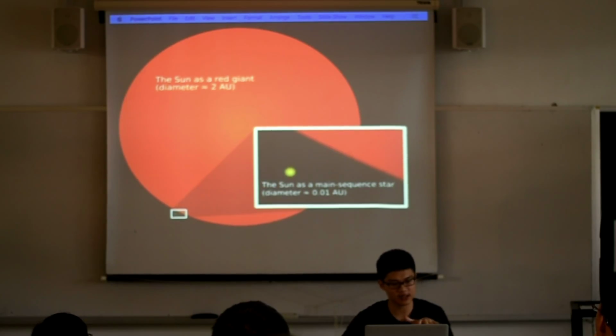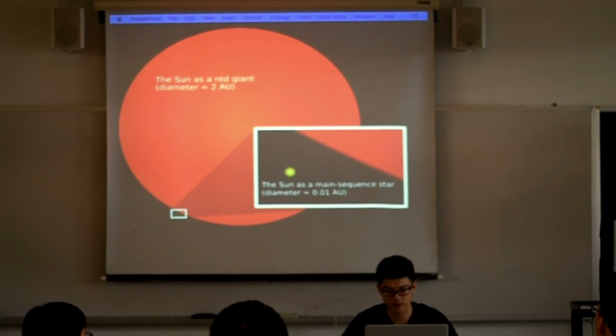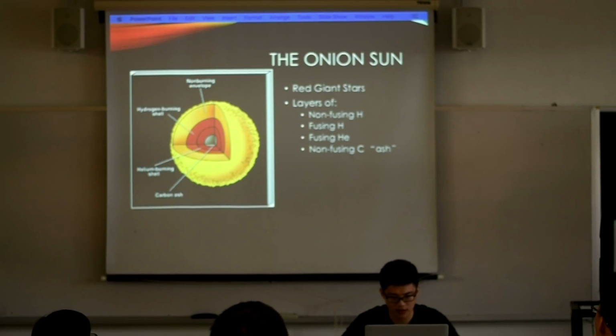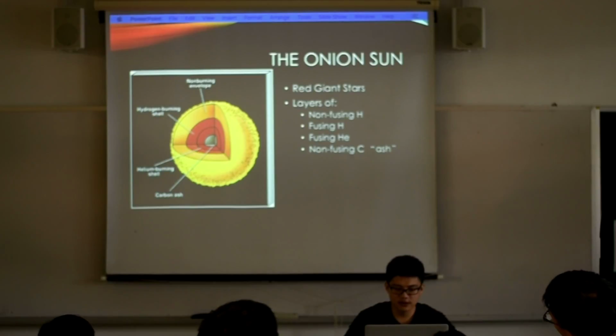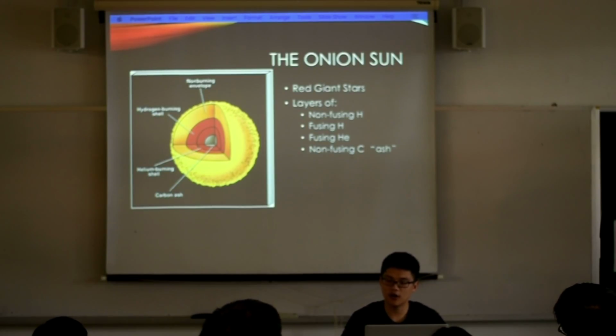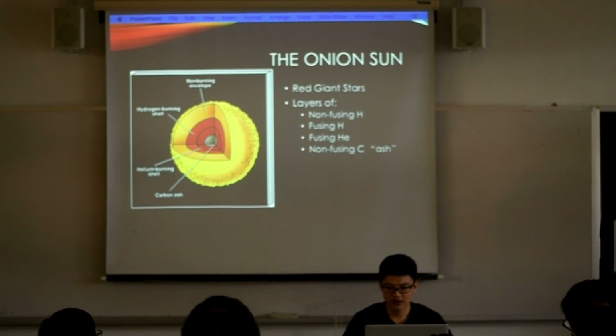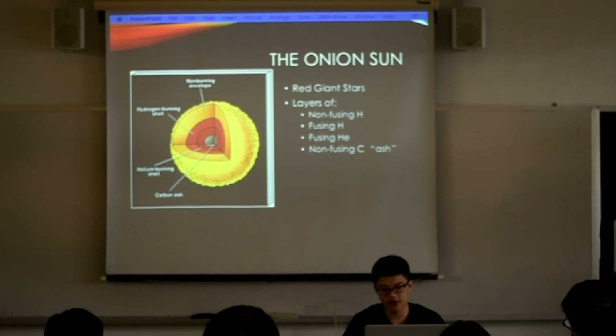This is what the Sun will be like when it goes into a red giant. The diameter of it will increase around 200 times. Afterwards, the core will continue to collapse due to gravity until the temperature reaches 100 million Kelvin.